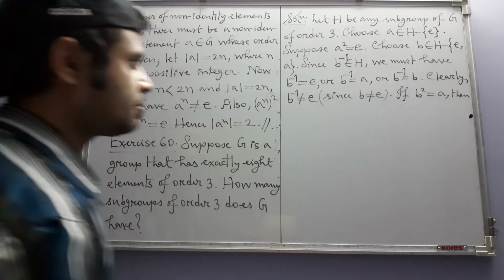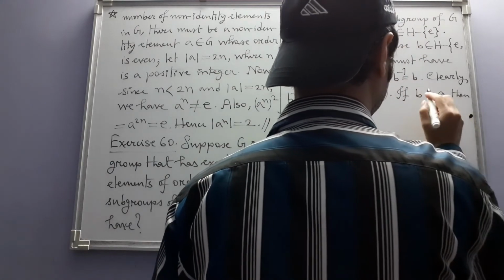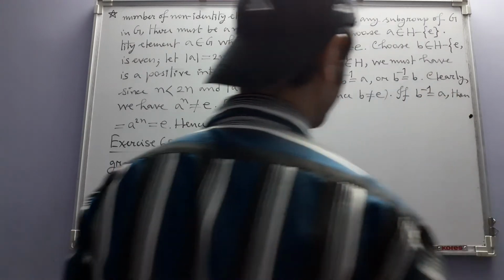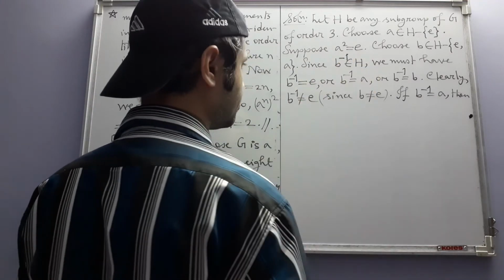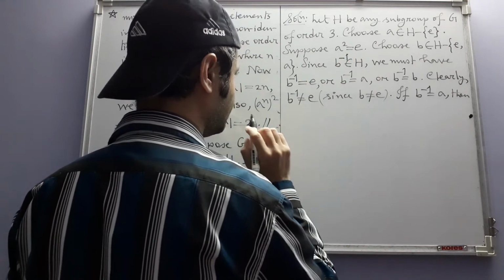Fine. If B inverse is equal to A, then using this A square equal to E, we have this.